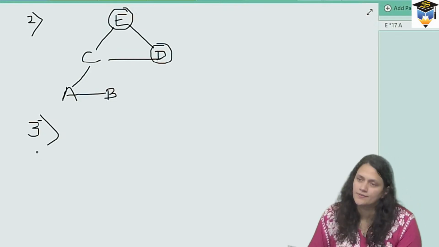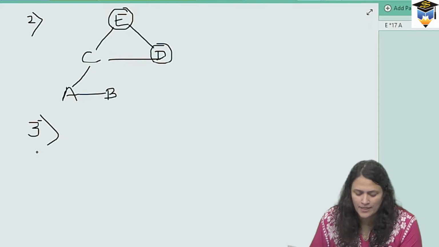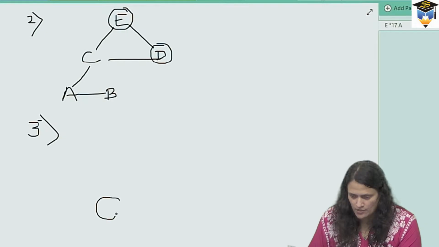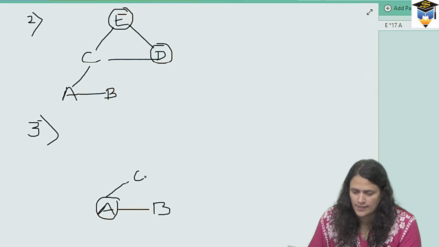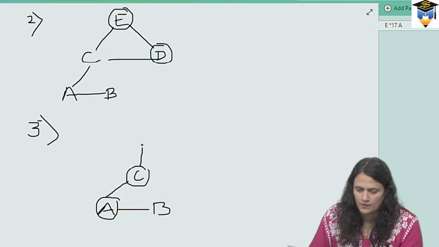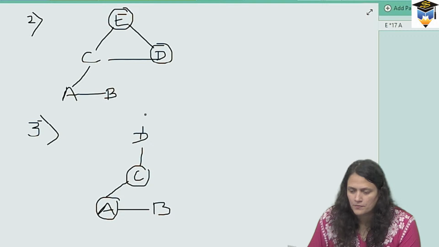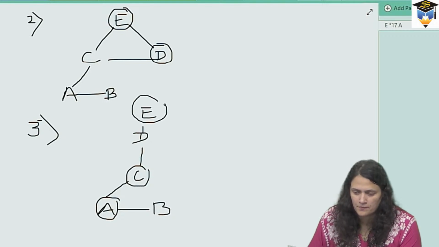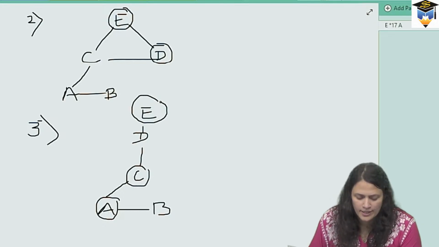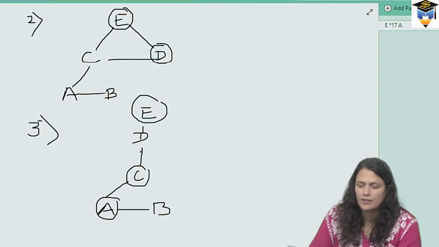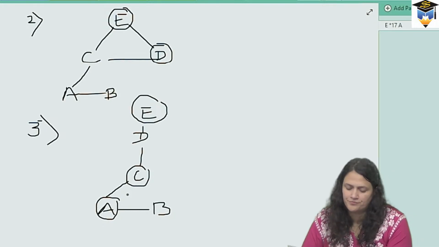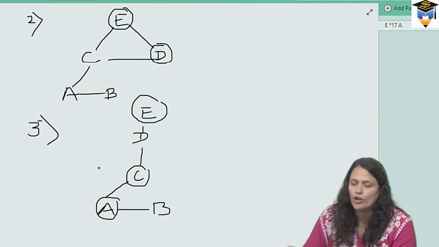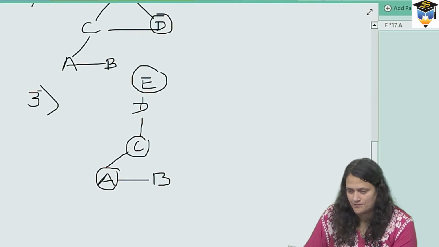Now A is B's sister, whose mother is C, whose mother is E. So what is the relation between A and D? A is the granddaughter of D. Correct?